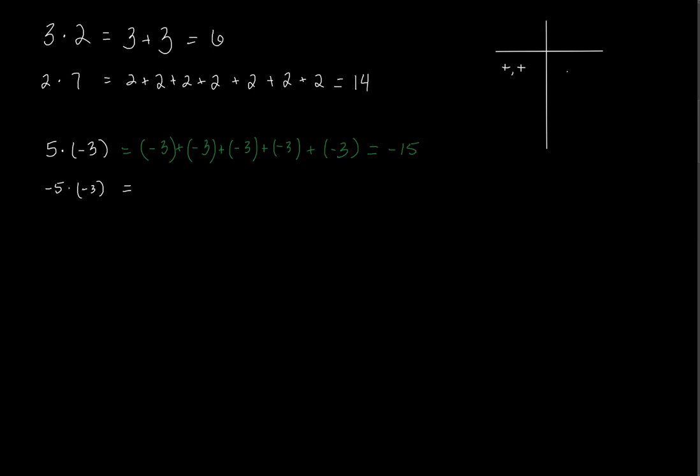If the signs are the same, so you have two positives or two negatives, your answer, so this is your input and then your output, your answer is always going to be positive.